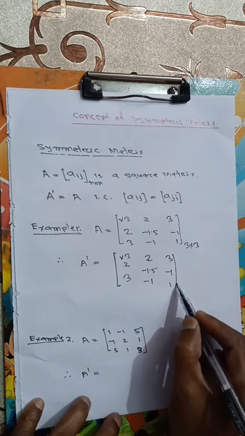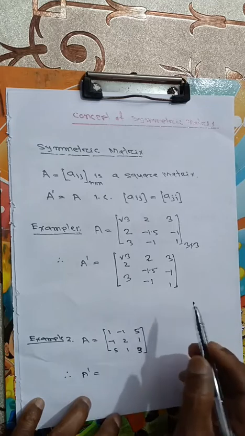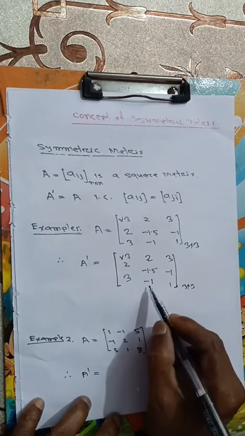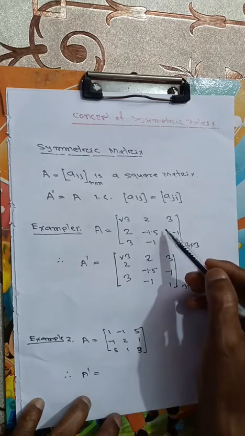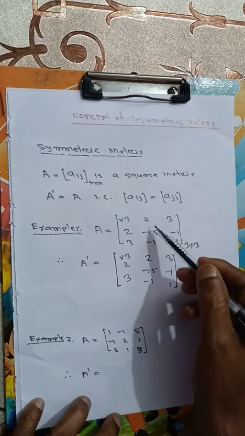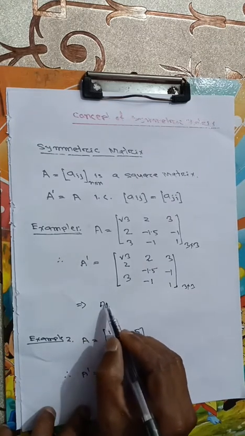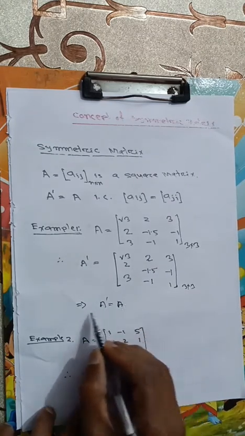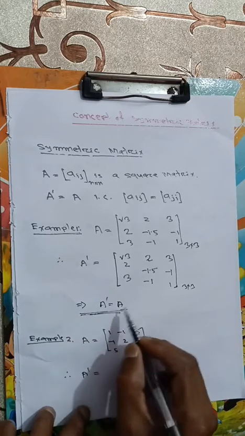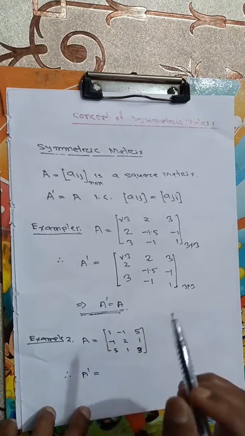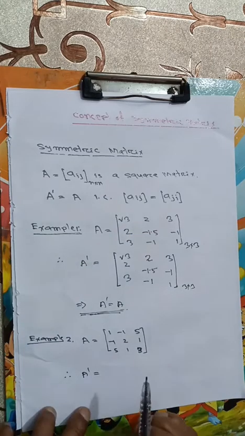That is, we get a matrix of the same order 3 into 3, which is the same as the original matrix. There is no difference between the two matrices. That means we get A dash equal to A. That is the definition of a symmetric matrix. If A dash equal to A, then A is known as a symmetric matrix.